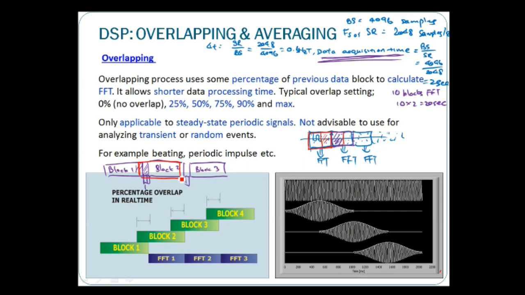You still wait 2 seconds to complete one block and immediately in real time you will see FFTs, right? So there is not really a need for this overlapping unless you really want to save some time, you want to use some shared data. So yeah, you can actually use it.